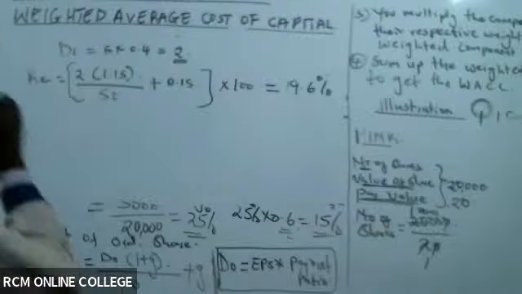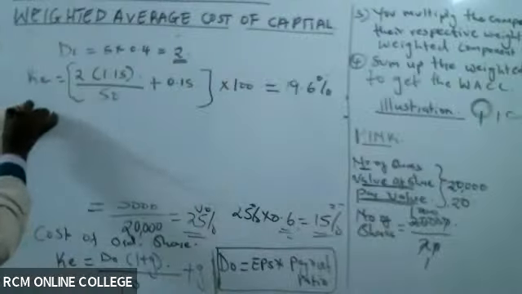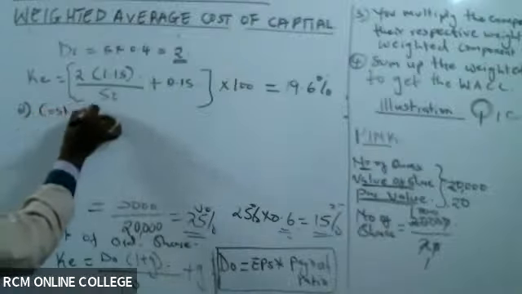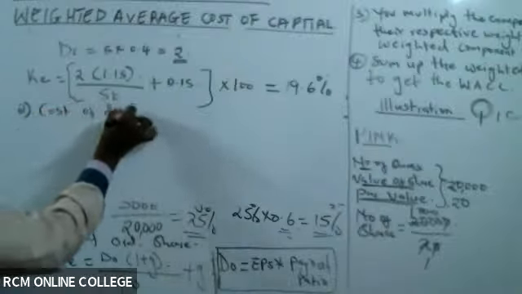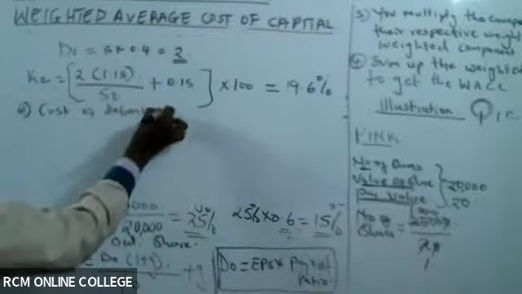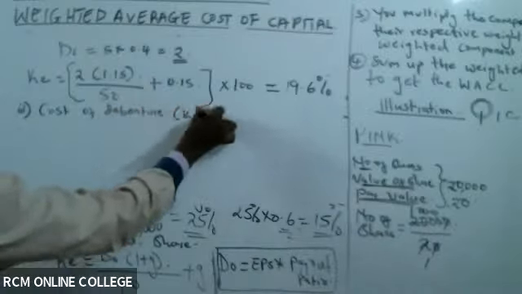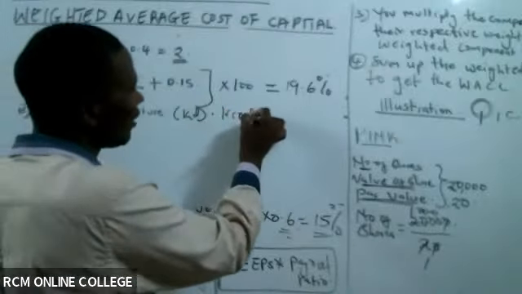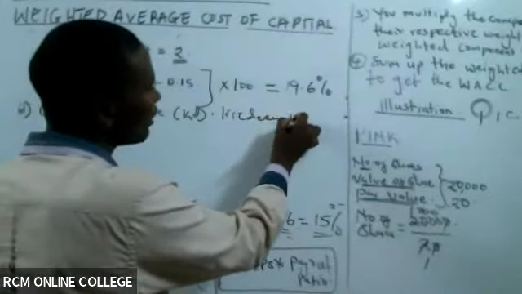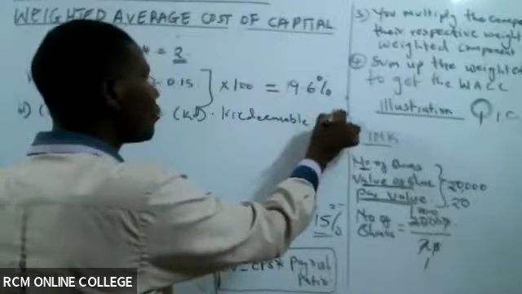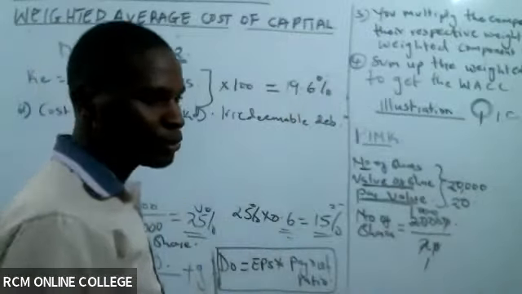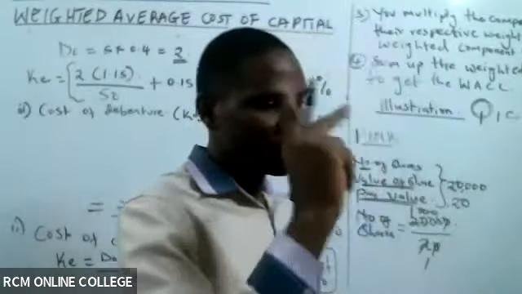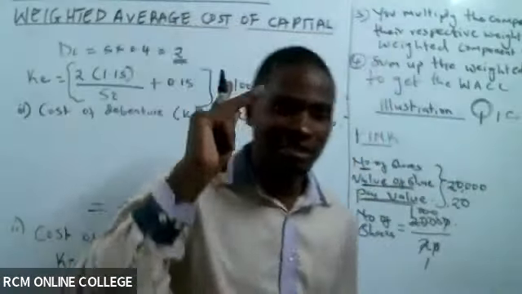Then we go to Roman number 3, which asks for the cost of debenture. I want you to attempt this one. For KD, we say that this is an irredeemable debenture. It has no maturity period. Please attempt it; I know you have 2 books, as we agreed when we started the semester.